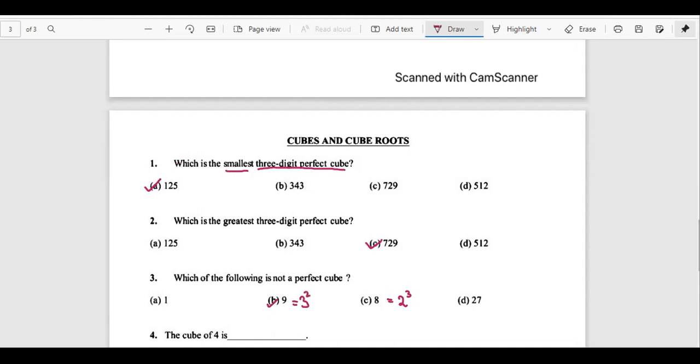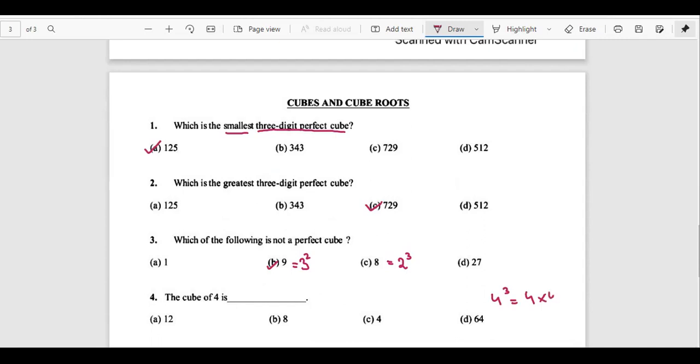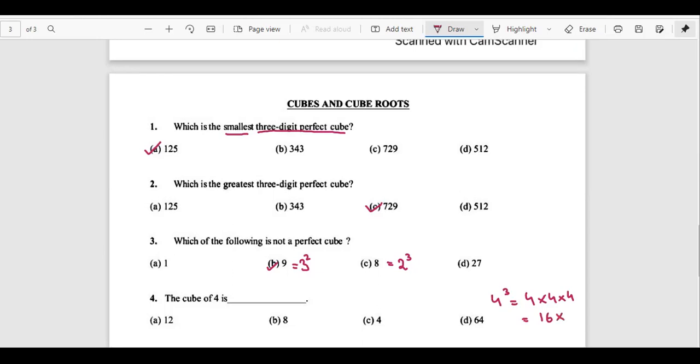Okay. Now we have the cube of 4. 4 cube is basically 4 into 4 into 4. So it is 64. 16 into 4, yes, very good. Now all these options are more than 16, so you don't have to waste time doing that.